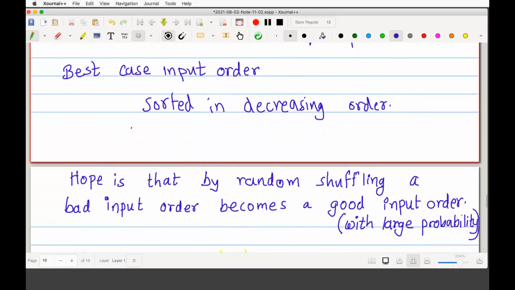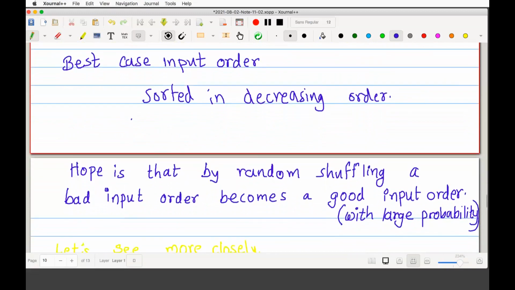The hope is that by random shuffling, a bad input order will become a good input order with large probability. Of course the other way around could also happen, that a good input order could become a bad input order, but I'm hoping that the probability of turning into a bad input order is low. That's the hope, at least. We still need to see whether that's happening or not, right? So any questions?